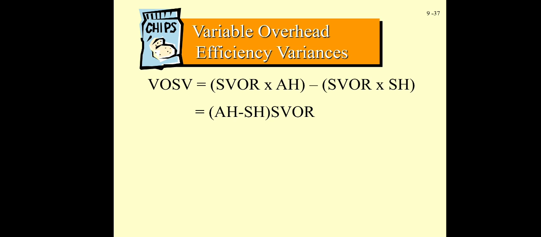Just remember the formula is the actual allocation base minus the standard allocation base times the standard variable overhead rate. So using the sample data, the actual hour is 400, standard hour is 378.3 hours, times the standard variable overhead rate of $3.85. So for this variance, you will get $84 unfavorable.